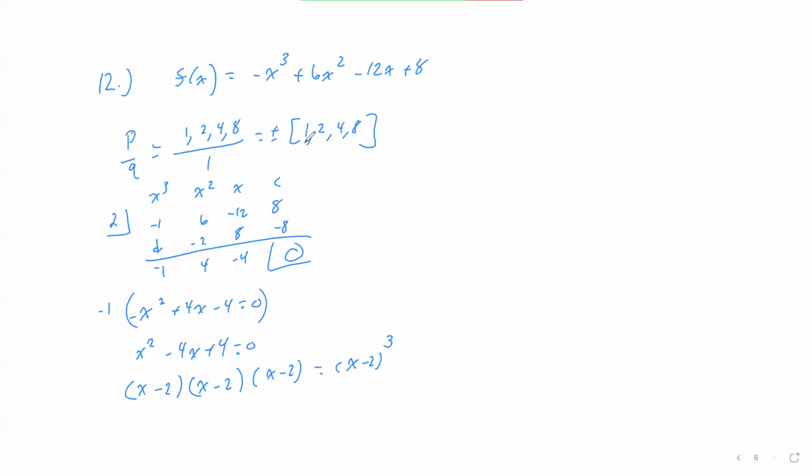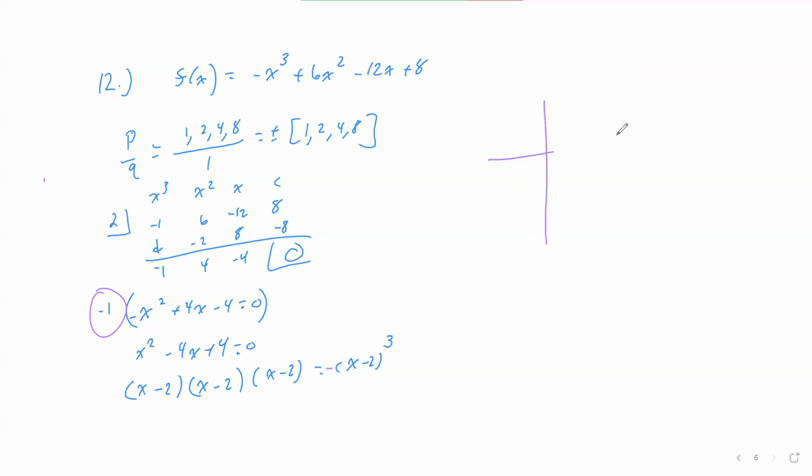Other than the fact that that negative is here. So when I'm solving it, I can apply this, but since I did this step, when I'm trying to rewrite the polynomial function, I need to bring that negative back in. So it's really going to be negative x minus 2 cubed. So make sure we add that negative back in there.